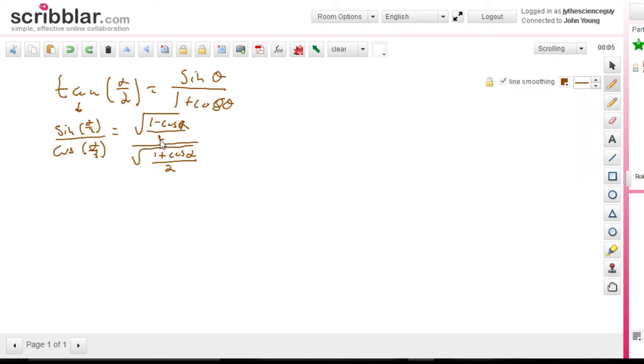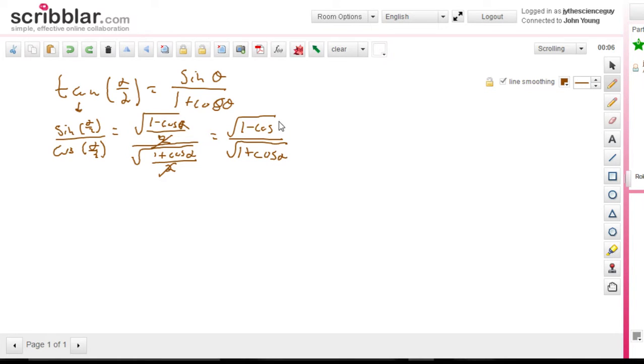Now, because there is a 2 there, and there's a 2 there, those two 2's cancel. So you're left with the square root of 1 minus cosine theta over the square root of 1 plus cosine theta.